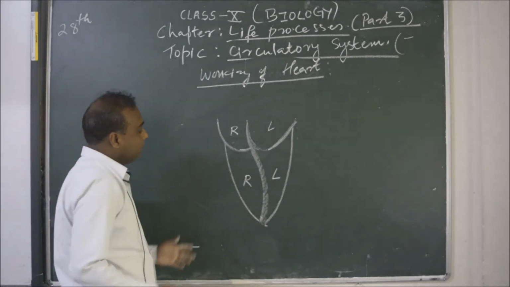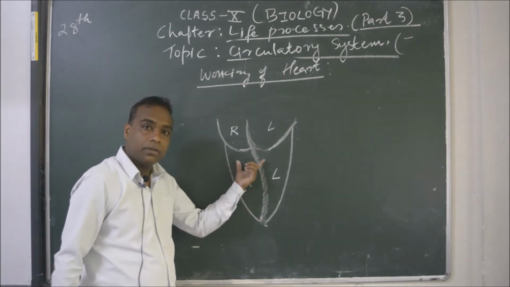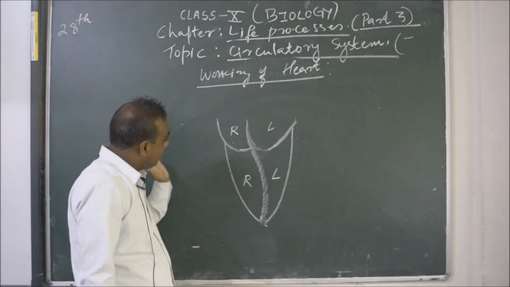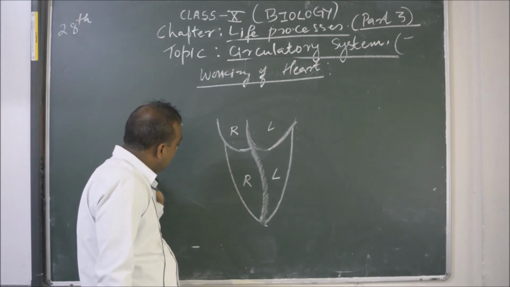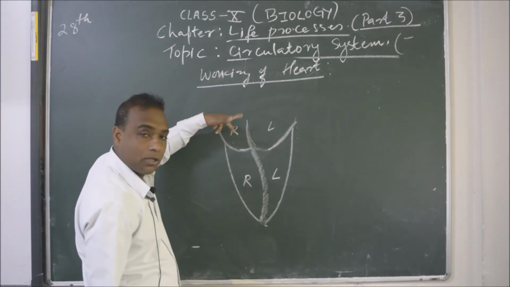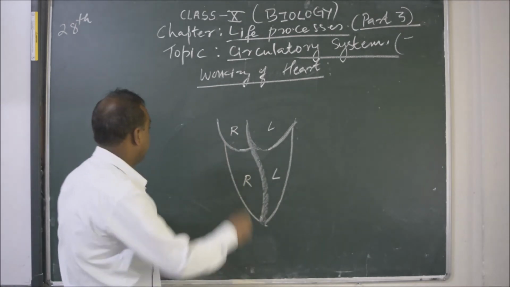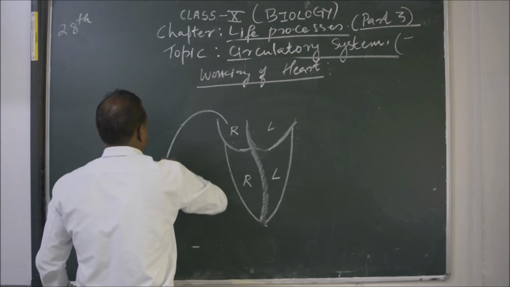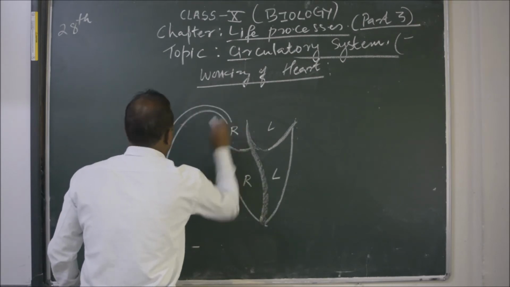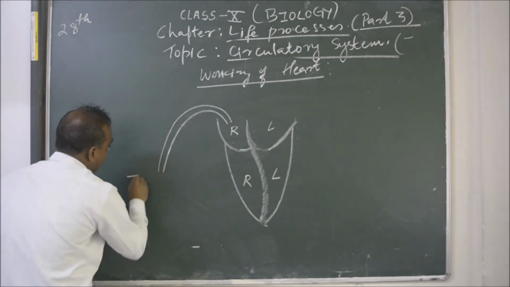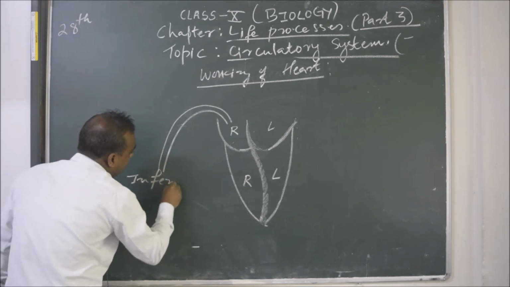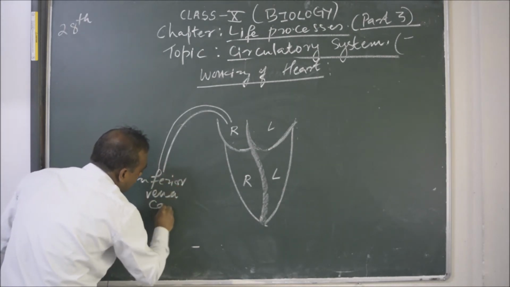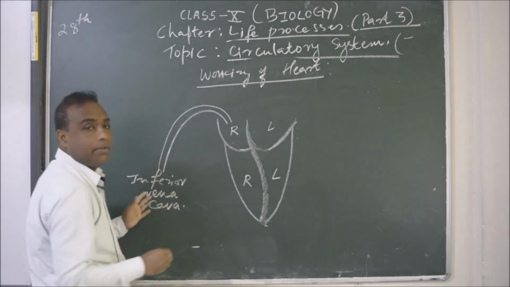Now what happens in the heart: from the body, the blood enters. How does it enter? Let us see. This is the vein known as the inferior vena cava.